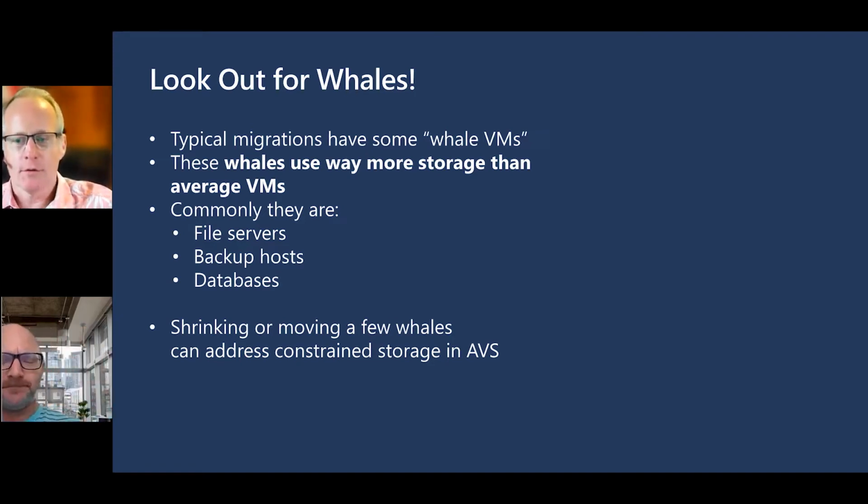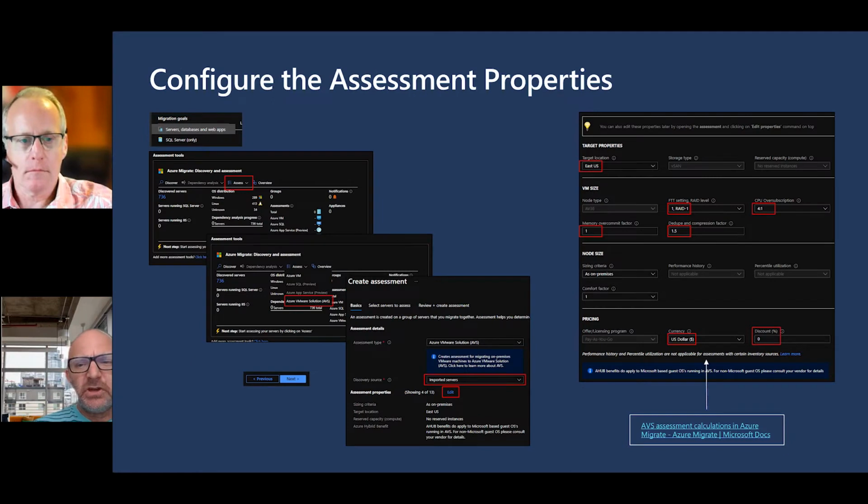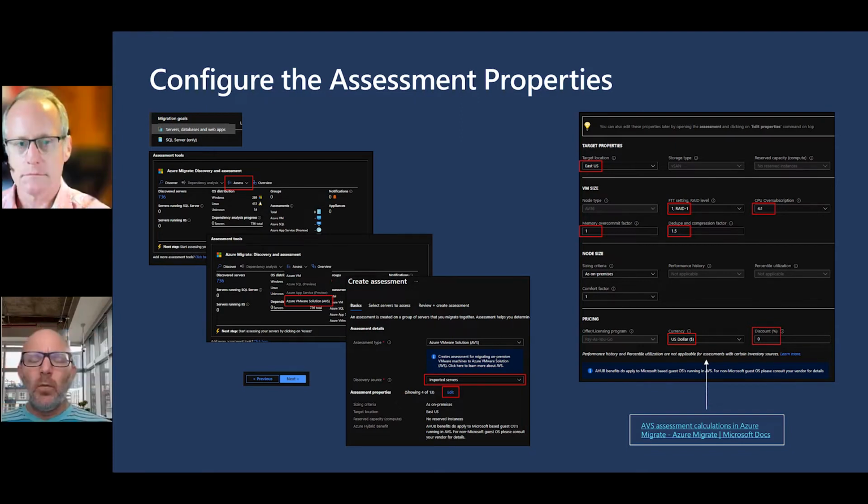Yep, exactly. As you run through. Right. So just to dive into how to do the assessments of Azure Migrate, or any assessment, quite honestly, whatever tool you're using. When you use Azure Migrate to do the sizing, there's a few knobs you're going to have to pay attention to that are going to impact the sizing output.